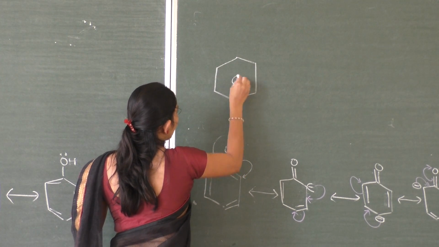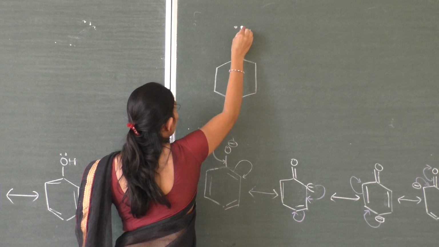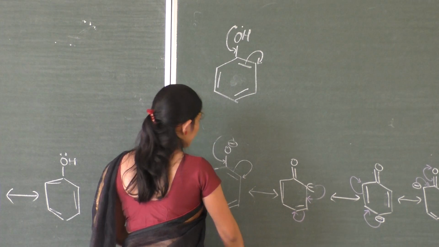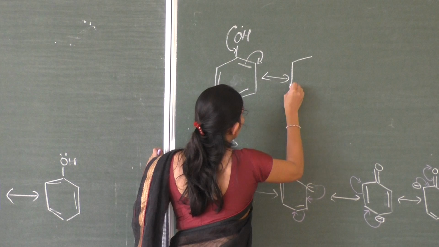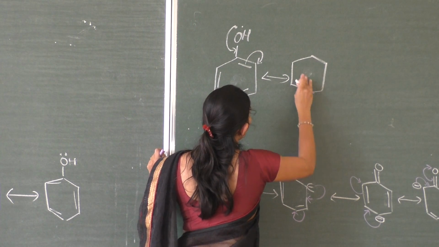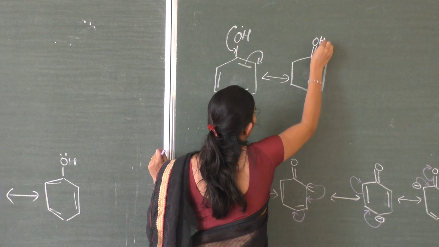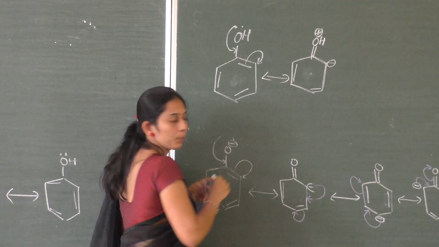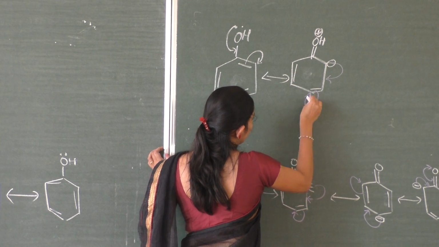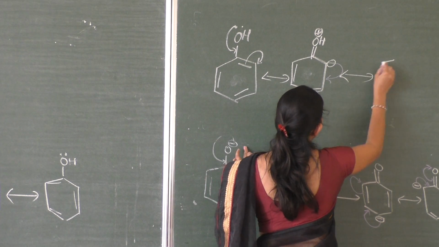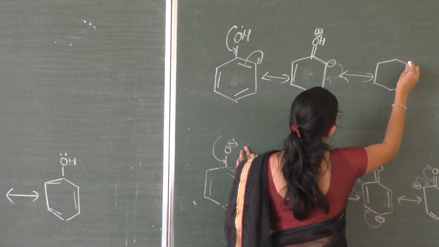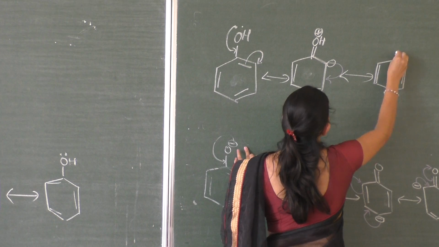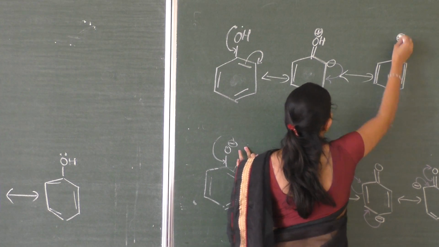So if you take a phenol here, we'll write somewhat like this. Here a double bond, OH plus, here a negative charge, and there is already a double bond in these two places. Again I shift this, so we get the next structure where a double bond comes here, negative charge here, double bond, OH plus.